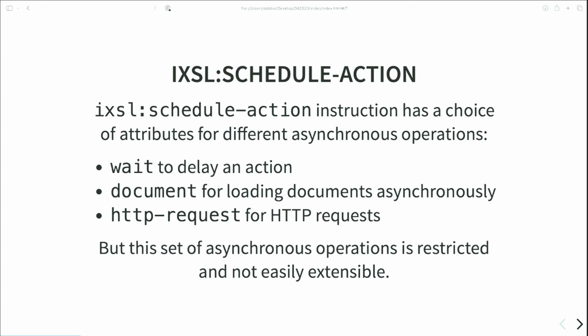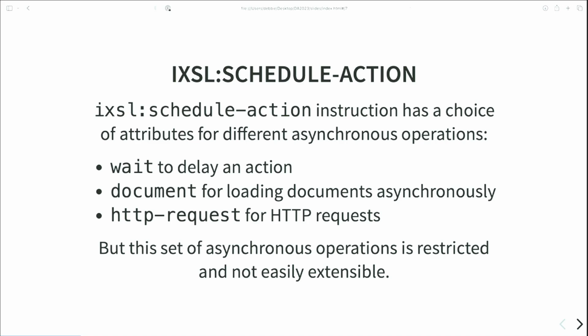Okay, so it is already possible to do asynchronous processes using SaxonJS, using this instruction, but it has some restrictions and limitations. So the example I've just shown you used the document attribute for document fetching asynchronously. And then there's two other possible attributes that you can use for slightly different asynchronous processes.